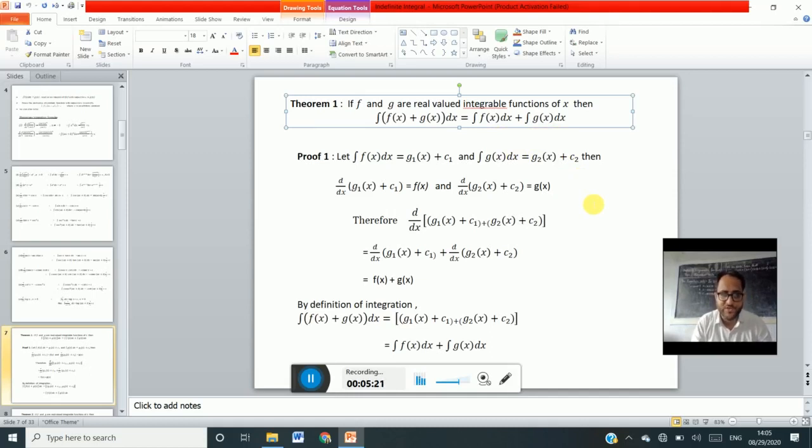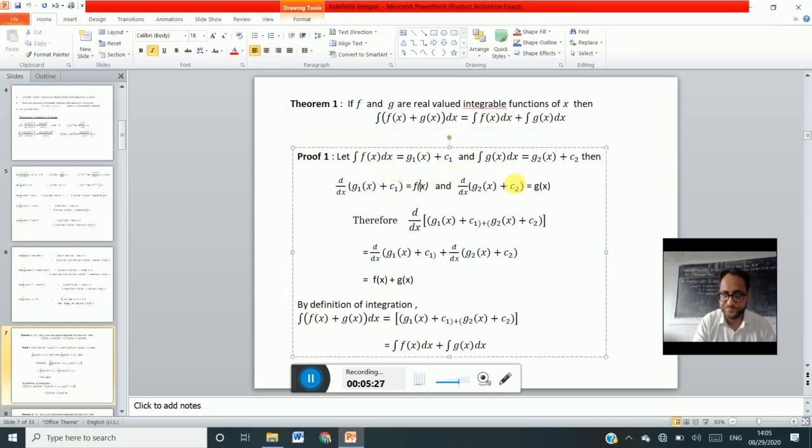So how do we prove this? See here. Let the integration of f of x be g1x plus c1, and the integration of g of x be g2x plus c2, where c1 and c2 are constants. According to the definition, if the integration of this equals the right side, then the derivative of the right side equals the left side. So the derivative of g1x plus c1 equals f of x, and the derivative of g2x plus c2 equals g of x.